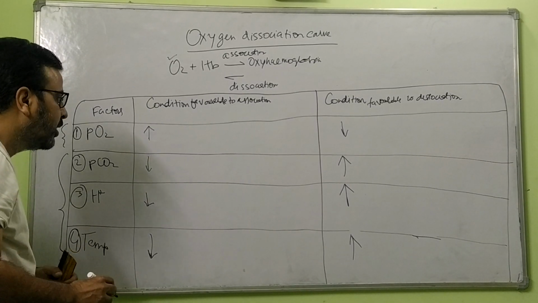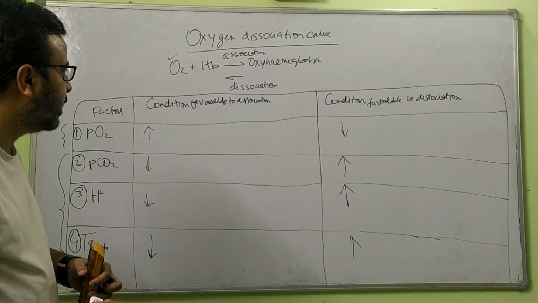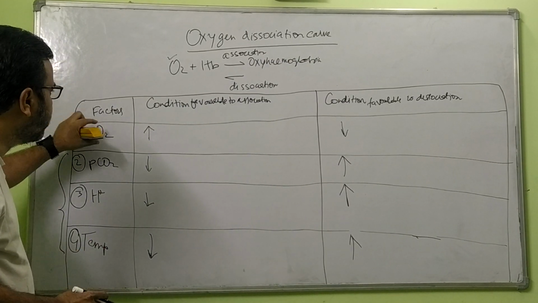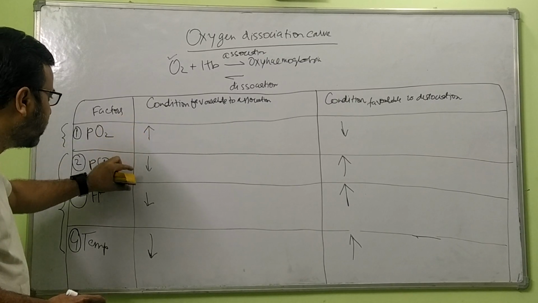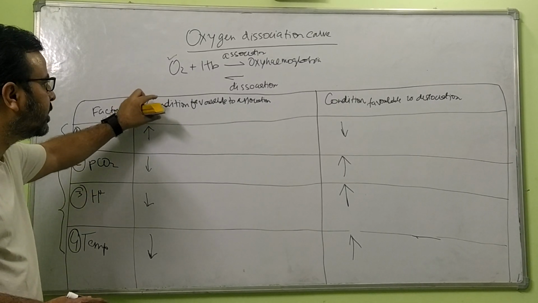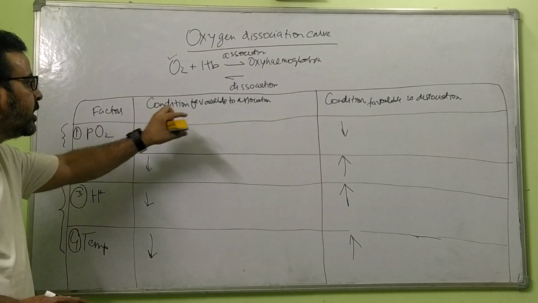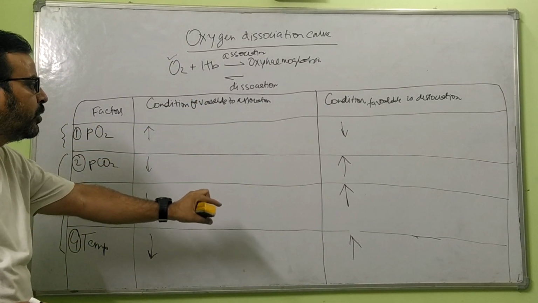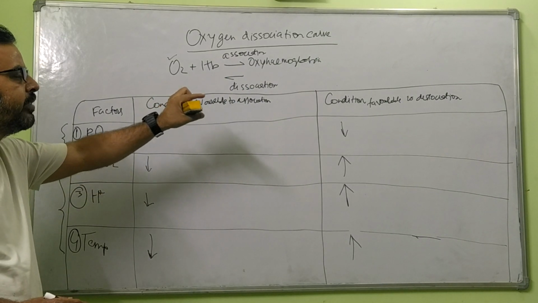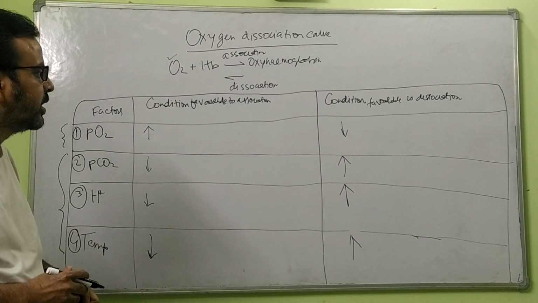So this is what we have learned from this table. That means if PO2 is more and these three factors are less, the condition is favorable to association, and if PO2 is less and these three factors are more, the conditions are favorable for dissociation.